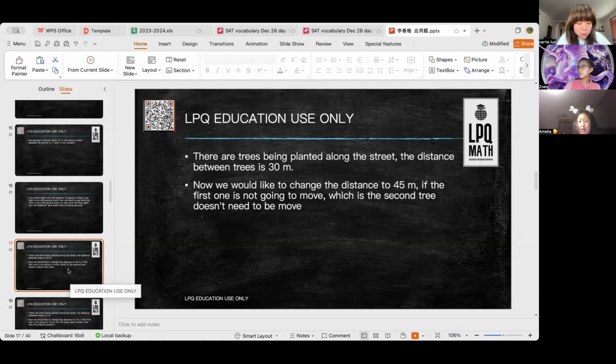Wait, is it a question, which is the second tree that doesn't need to be moved? Is that a question?